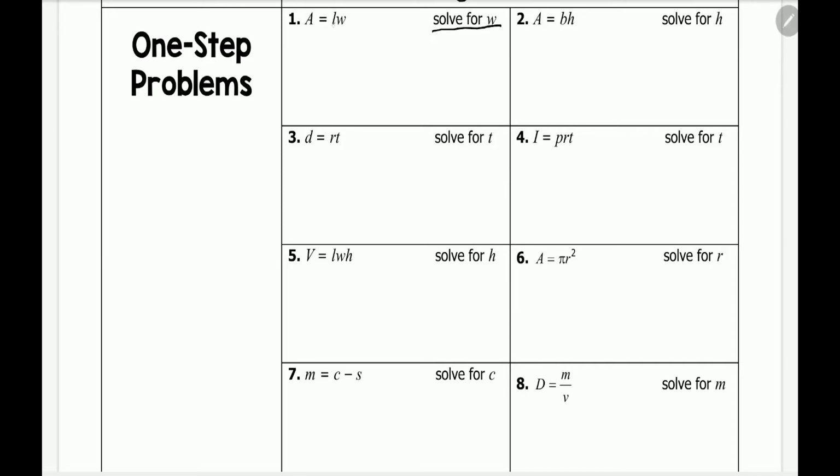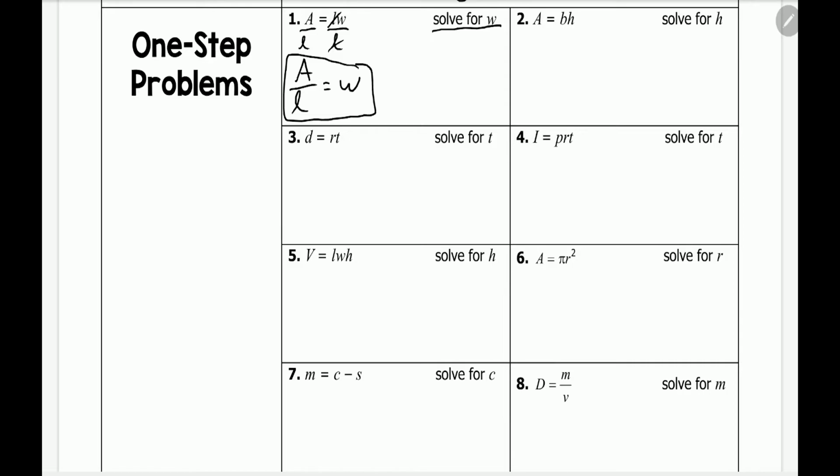In this case, it would be L, because we need to isolate W. So we have to divide by L on both sides. This L cancels with this L. We're left with A divided by L is equal to W. And since W is isolated, we solved for it. So this would be our answer.